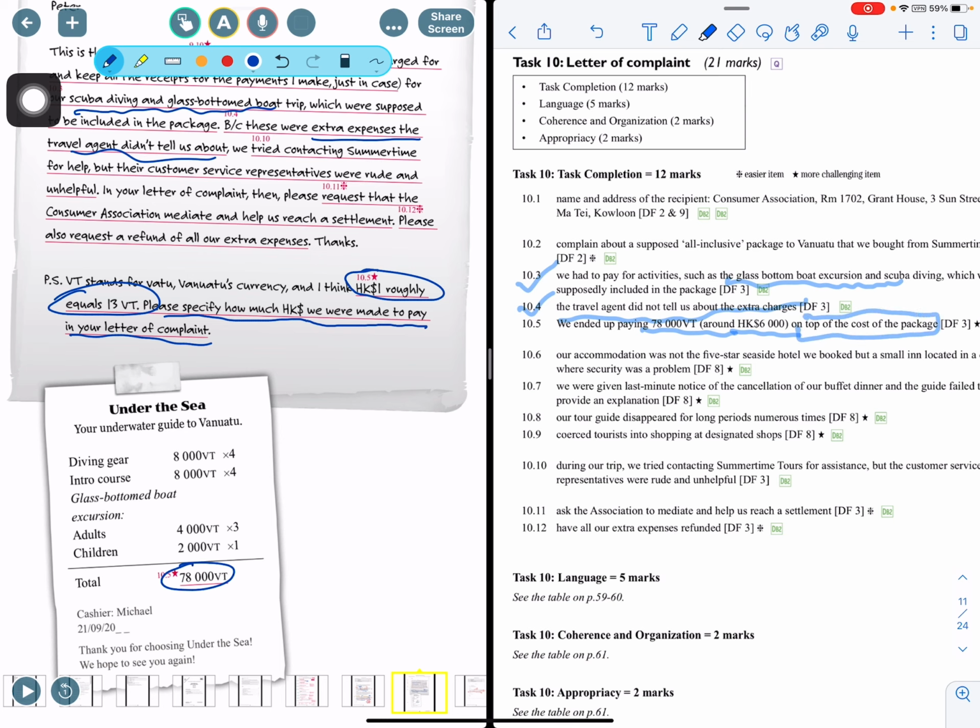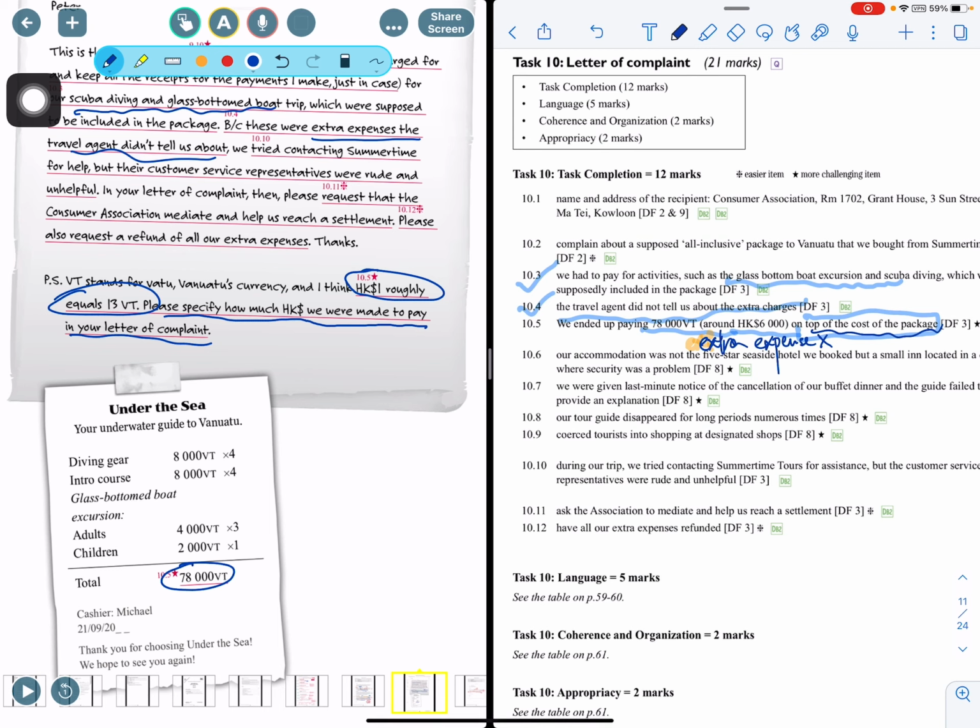So you have to make sure it's not the total fee that you paid, it's the extra expense that you have to pay. If you don't have wording like "extra expense" or "on top of the cost of the package," then you can't get a mark, because it shows that it's extra expense.